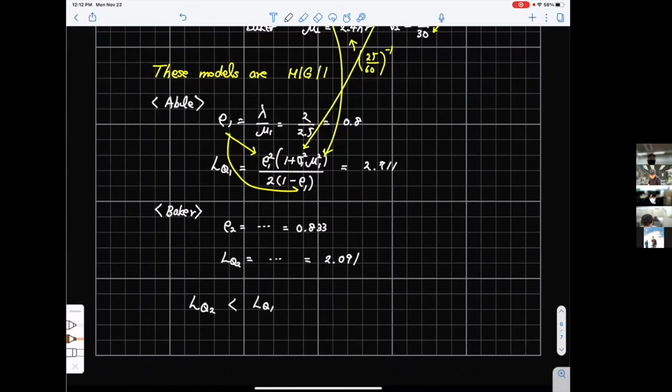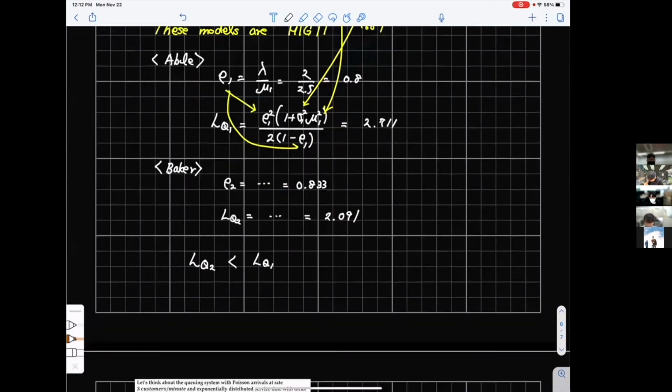It means that the number of waiting people in the shop can be minimized when Baker is working. So if I am the owner of this shop, I will hire Baker.